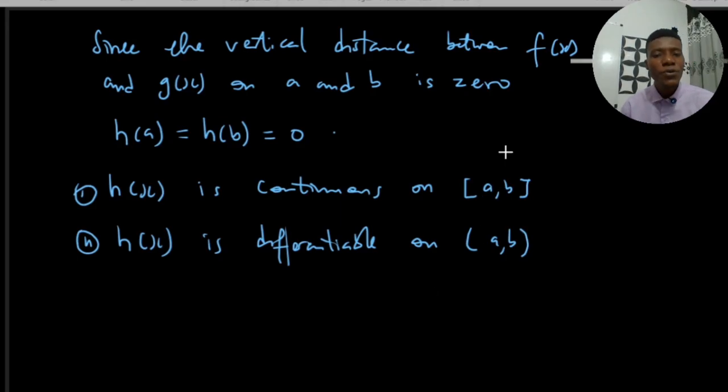Now, if you look at everything I have stated here so far, it looks like the Rolle's theorem. What does the Rolle's theorem say?